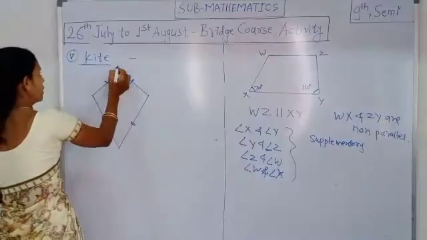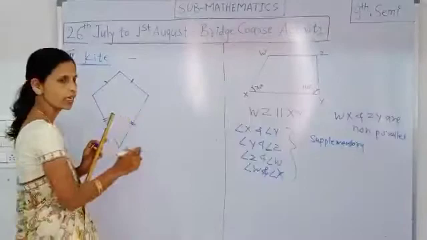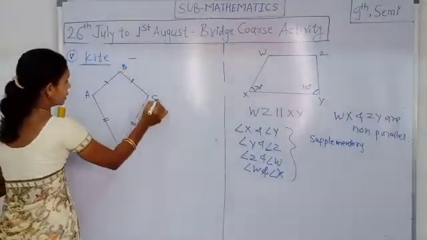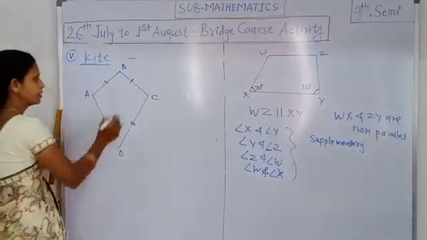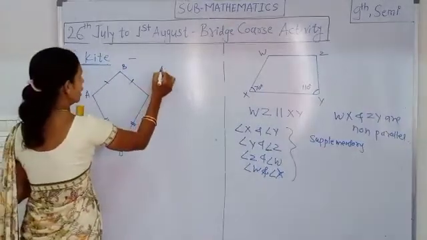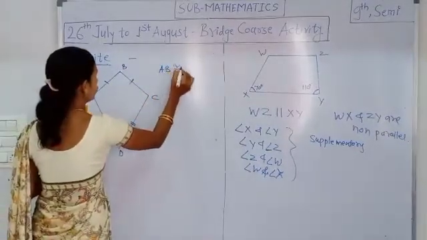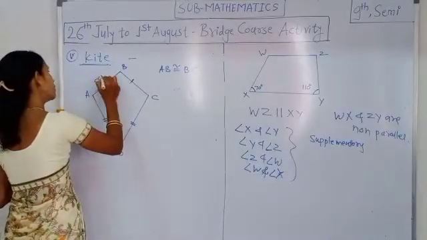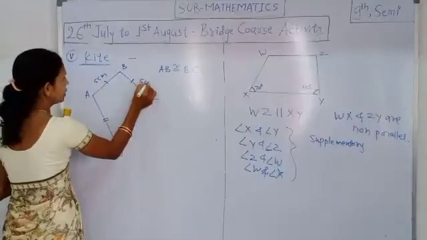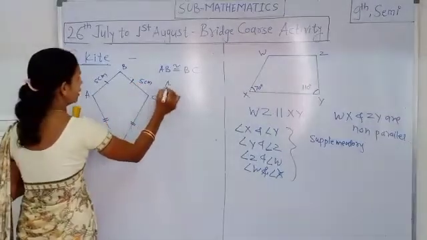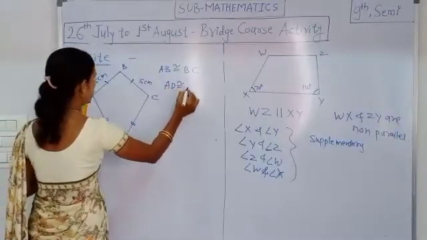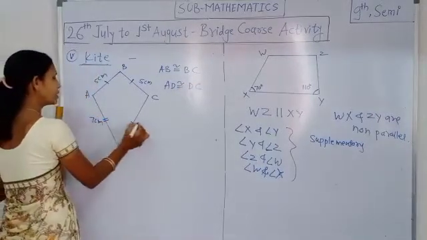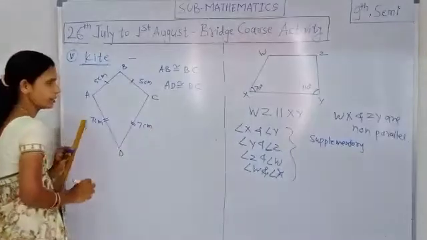If quadrilateral ABCD is a kite, then AB is congruent to BC. If it is 5 cm, then BC is 5 cm, and AD is congruent to DC. If it is 7 cm, then it is 7 cm.